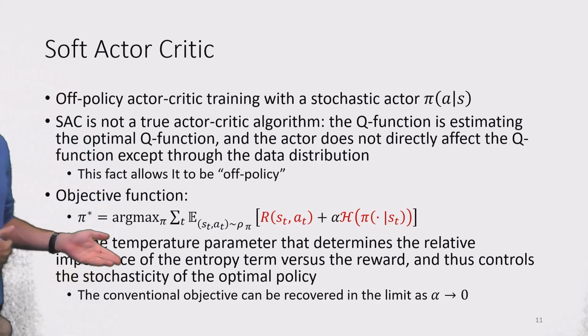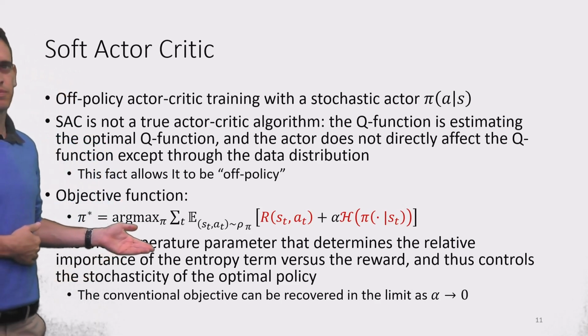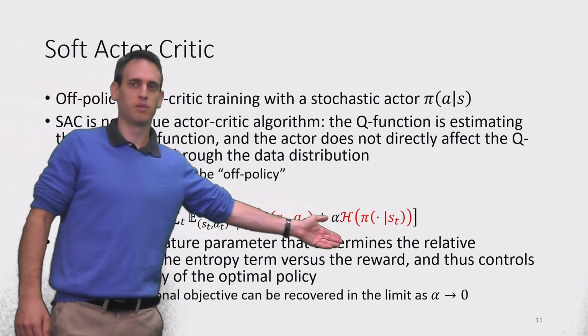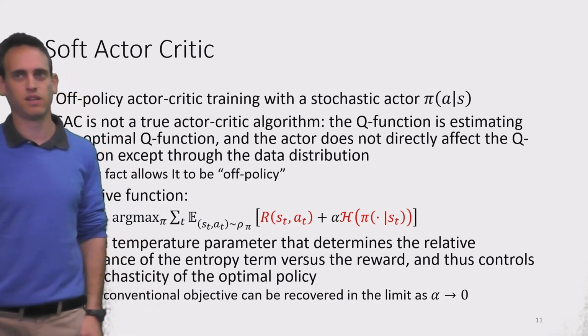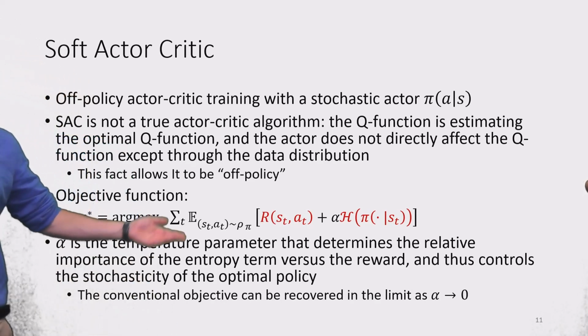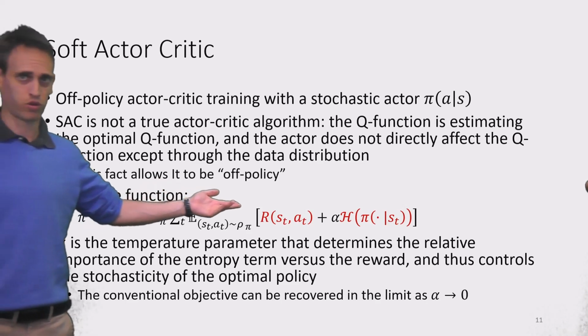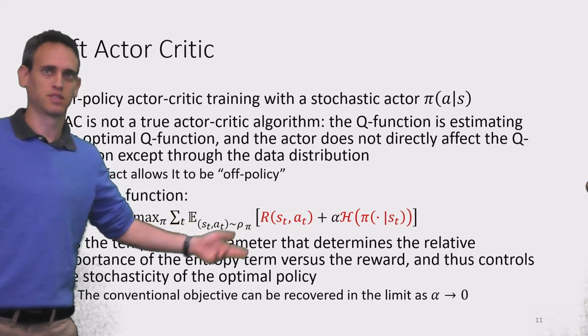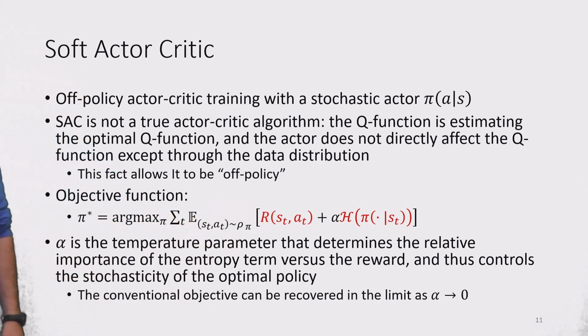So it is very common to decay alpha over time. As learning progresses, we decay alpha towards 0, and once it is 0, we are left with the conventional RL objective function of just maximizing the sum of rewards.